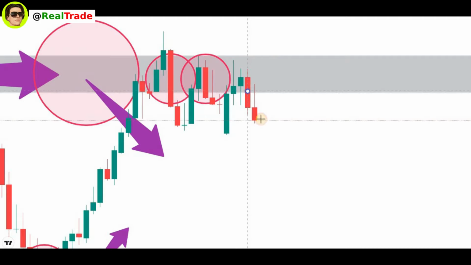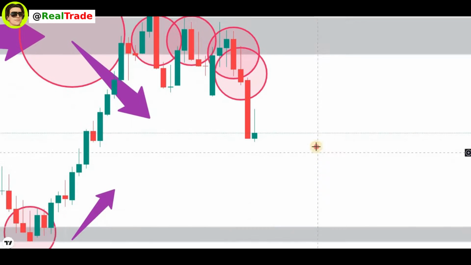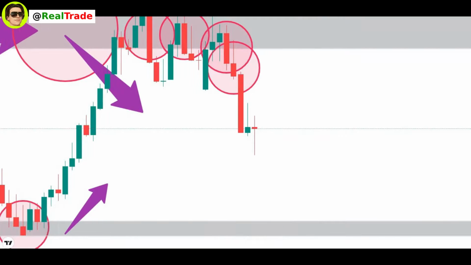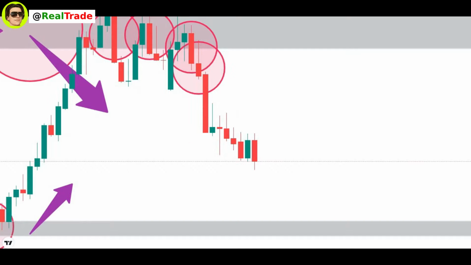Continue. Return price on the zone. Continue. Yes, big candle, full candle, red candle.